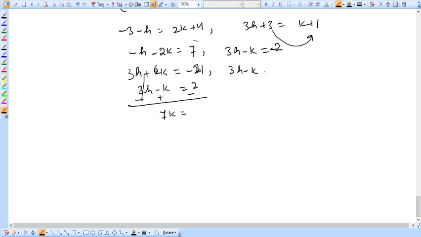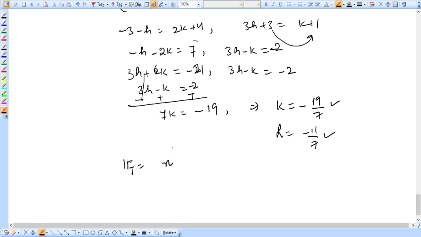This is equal to minus, and this is minus, so it would be minus 19 here. This implies k is equal to minus 19 over 7. Similarly, you can find h. Now replacing the value of k in any of these two equations, you will get h is equal to minus 11 by 7.